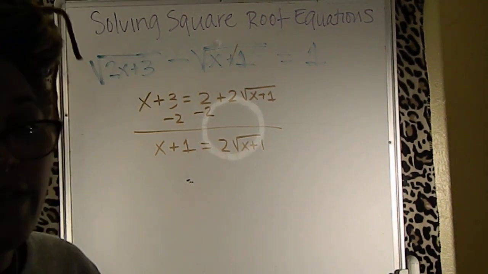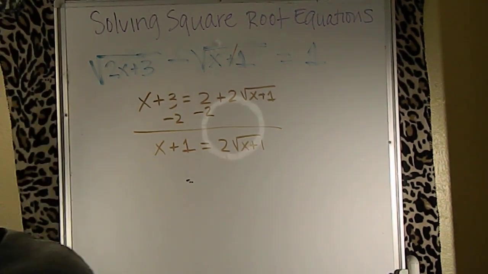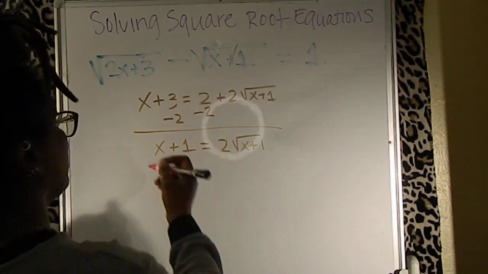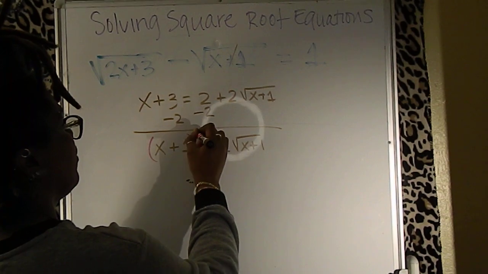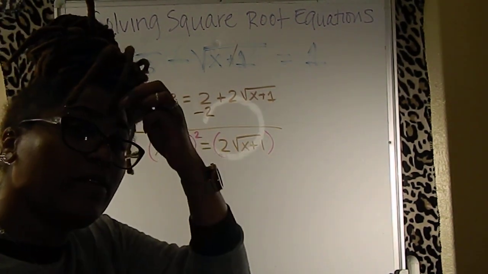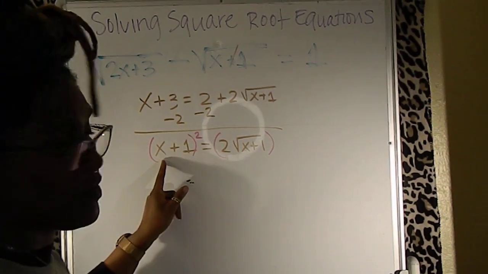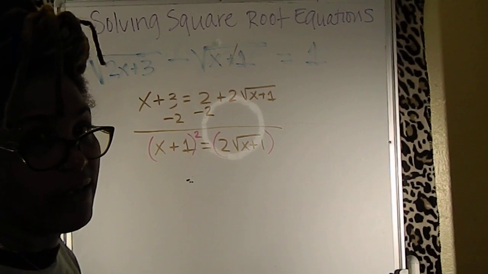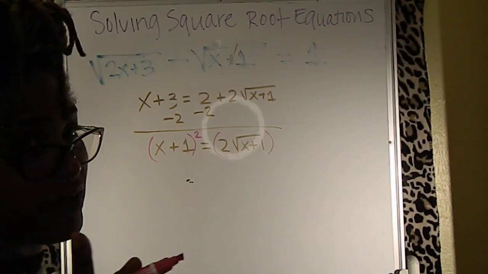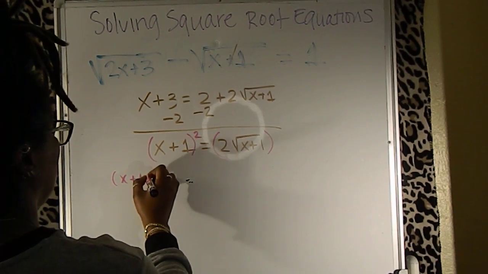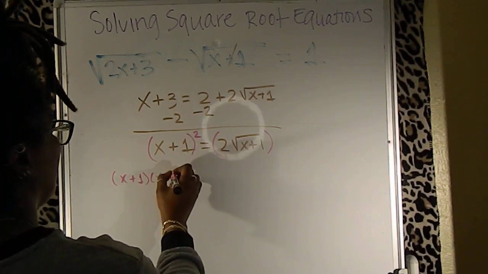And now we are ready to square both sides again. And I think I'm going to keep my pink. Right? So we're going to square this, and this is going to be one of those perfect square binomials. Do you remember the perfect square binomials? Remember, your first term is going to be squared. x squared plus 2xy plus y squared. Again, x plus 1 times x plus 1.